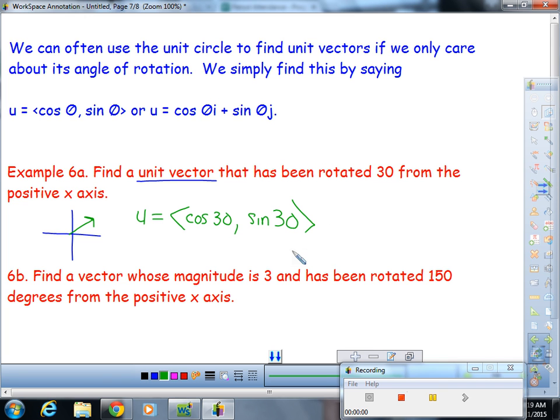Just like you're used to, cosine represents the amount of movement in the x direction. Sine always represented the opposite, which is the vertical or the y direction. So in this case, let's do a little math here. This is 1, 2, and radical 3. So cosine of 30 is radical 3 over 2.